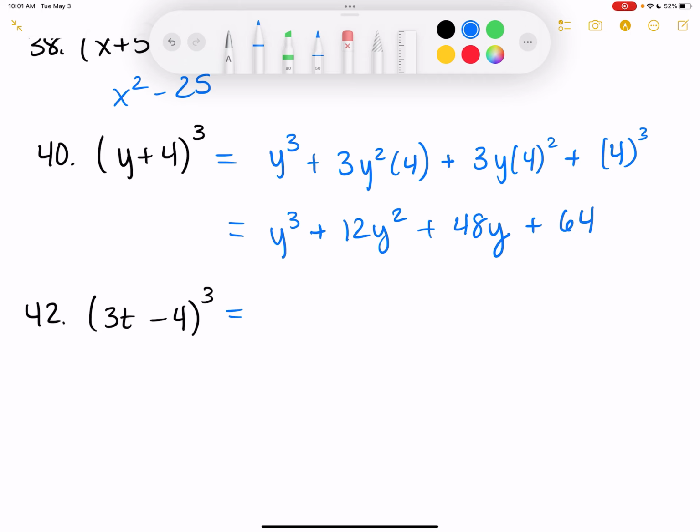It would be a cube, so 3t cubed minus 3 times 3t squared, times negative 4. Not negative, it's only the number. Oh, 4.